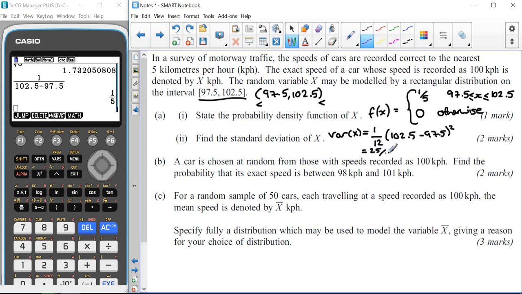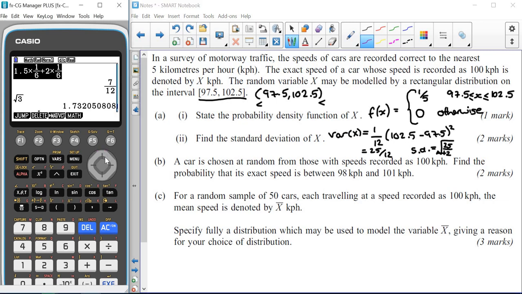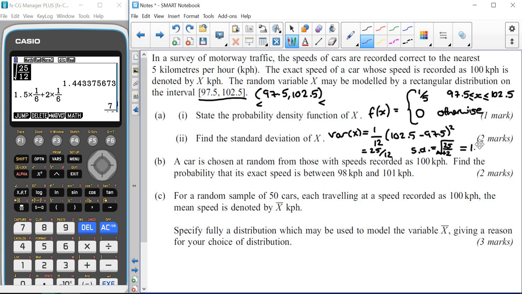And remember that that's for the variance. So we're asked for the standard deviation. So the standard deviation is going to be the square root of 25/12, which I've already put into my calculator earlier on, which gives us 1.44 to 3 significant figures.